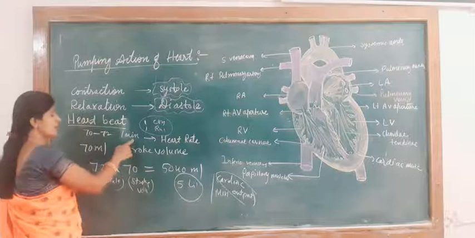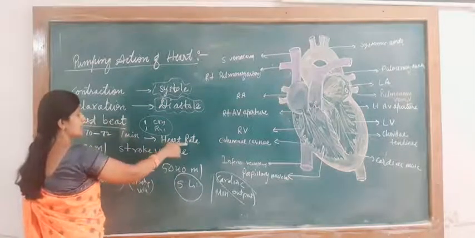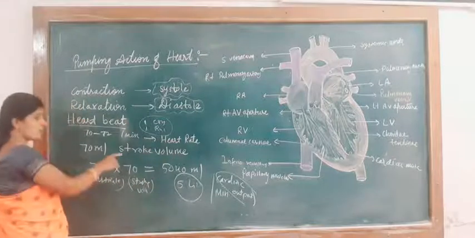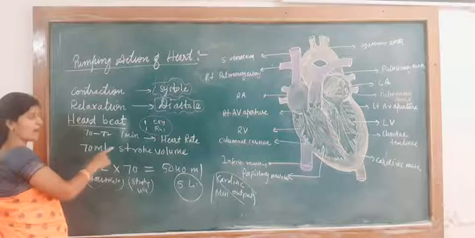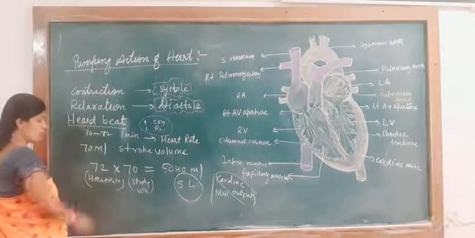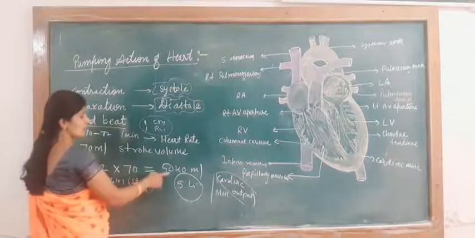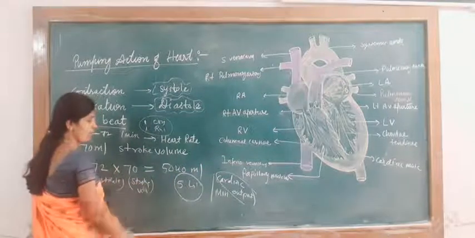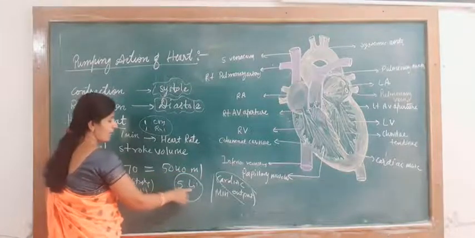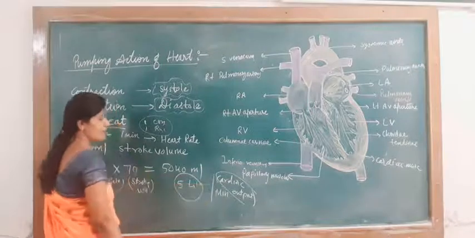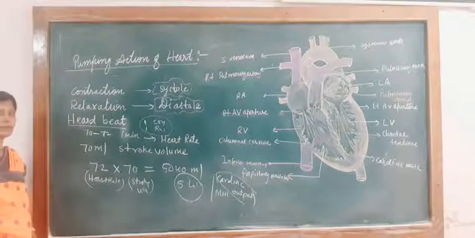What is heart rate? 70 to 72 heartbeats per minute is called heart rate. What is stroke volume? The 70 ml of blood the ventricles pump into the aorta is called stroke volume. Heart rate into stroke volume equals cardiac output. 5040 ml, which means 5 liters of blood pumped by our heart in one minute, is called cardiac output.